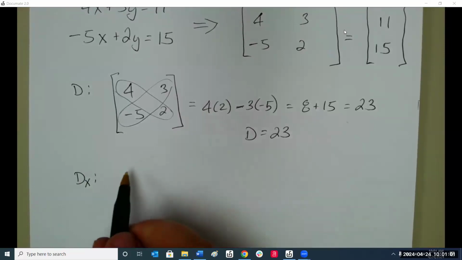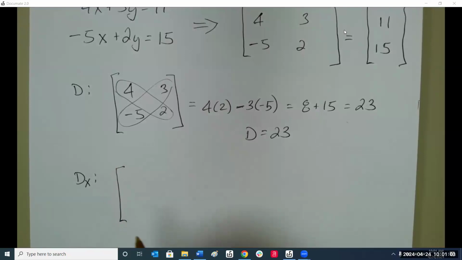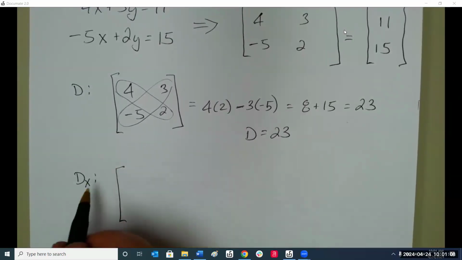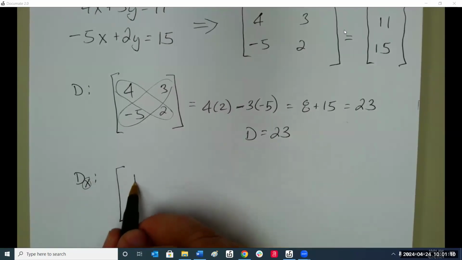How do we set up dx? Oh, the x. 11, 3, 15. Right.